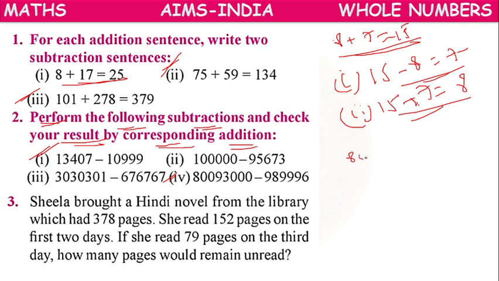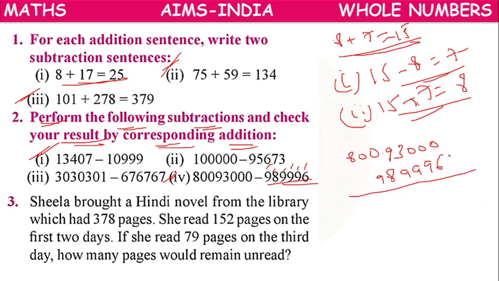Fourth one, 8009300 is there, minus, this number has 1 2 3 4 5 6 digits, 9 8 9 9 9 6.